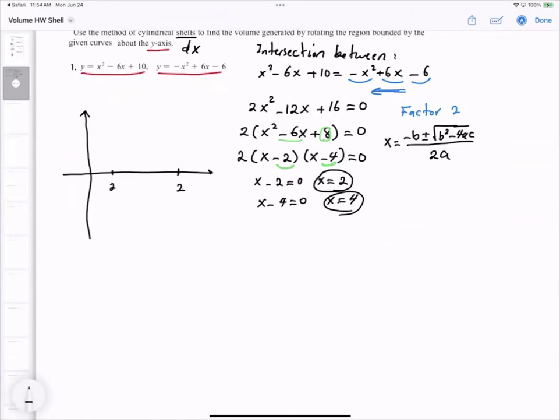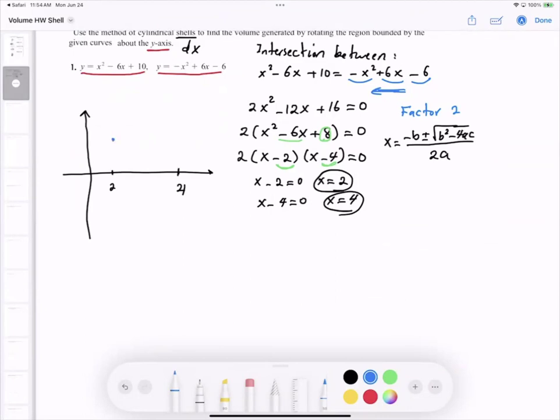So let me just graph this as much as I can without being worried about the detail too much. You can use Desmos or any other graphing website to have a precise graph. But for now, I'm not really worried because they are intersecting at these 2 points.